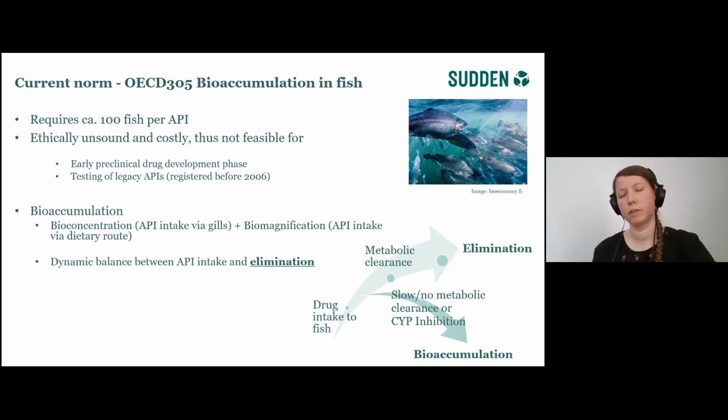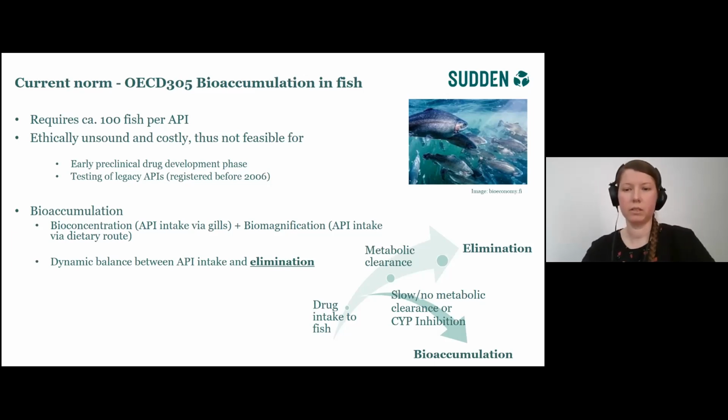And if the metabolic clearance is rapid, it leads to elimination of the compounds, and the toxic risk or biohazard is low. But in the case of compounds that are not metabolically cleared in the liver, or if the enzyme kinetics are slow, then it might lead to bioaccumulation of the compounds in the organisms.